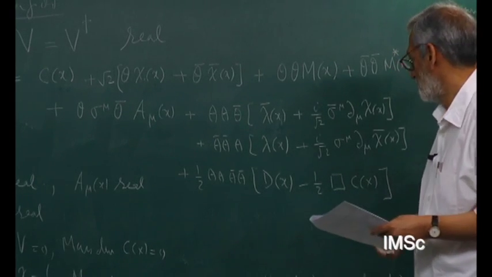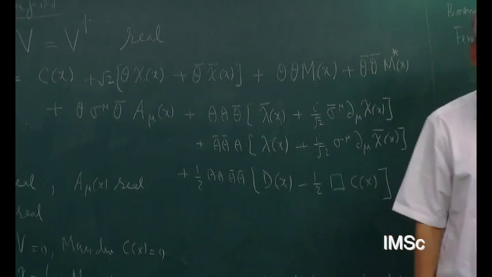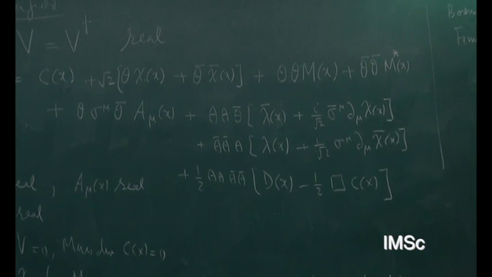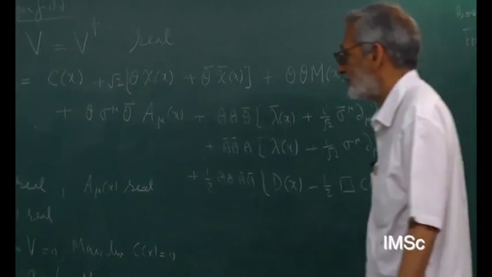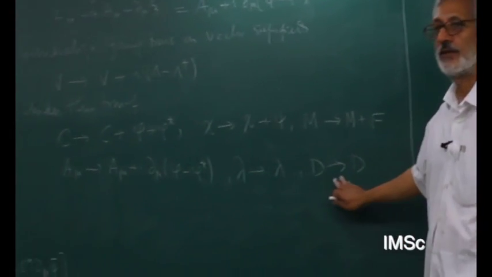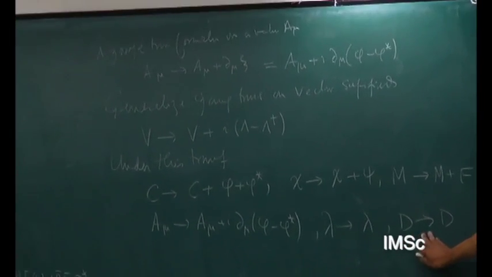There's a half outside here. So that takes care of C. So D does not change. That's another reason why we put that object conveniently here.